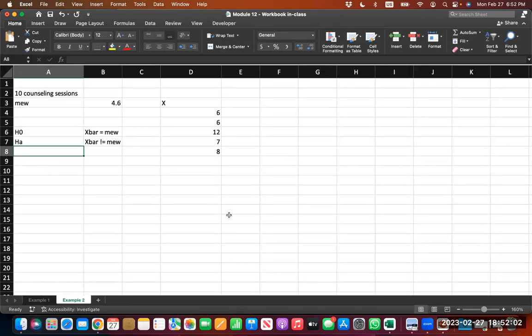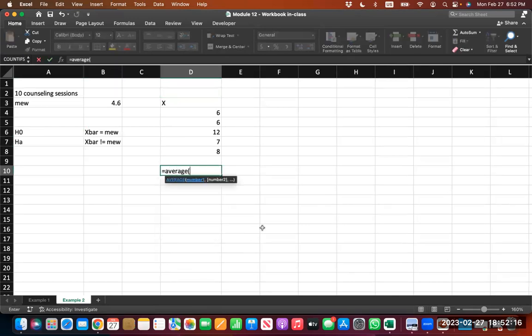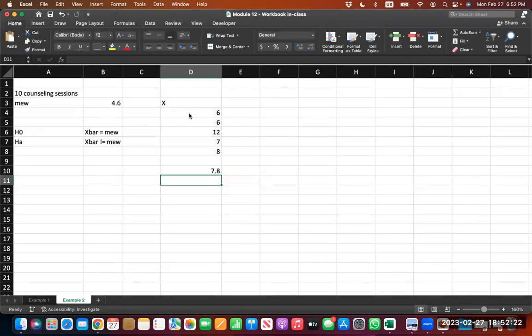We know the population, we know the mu: all these 2,000 students that came to the counseling center. The ones we study are these five students. If we build an average, we basically know now the average for our sample population.